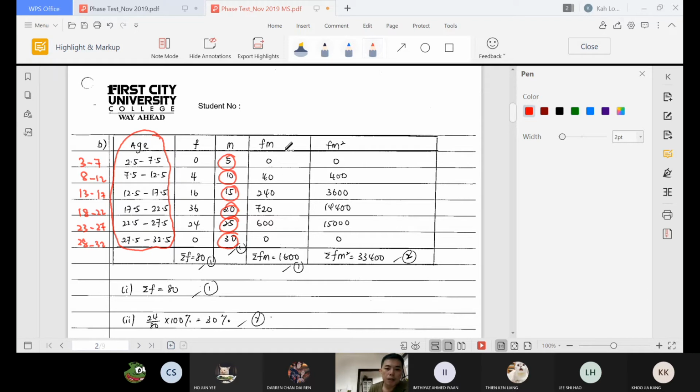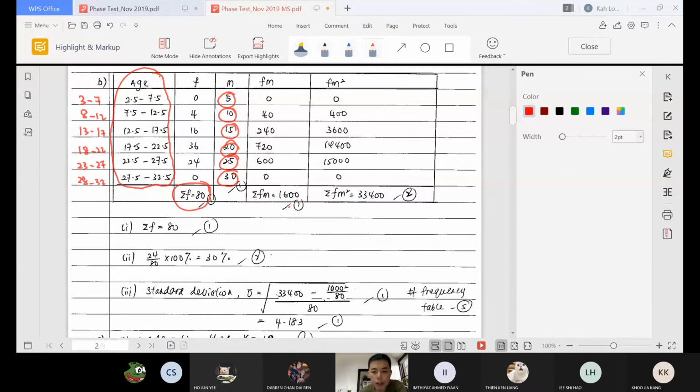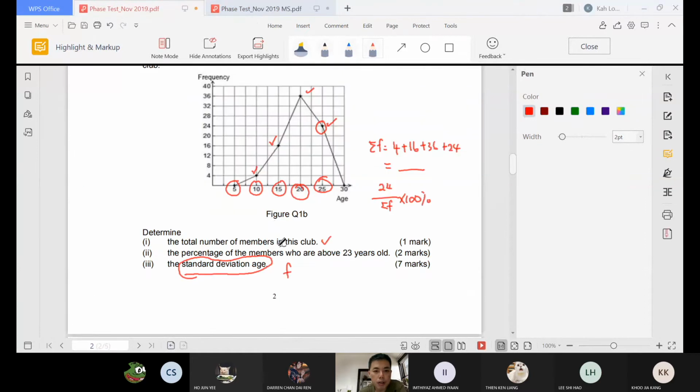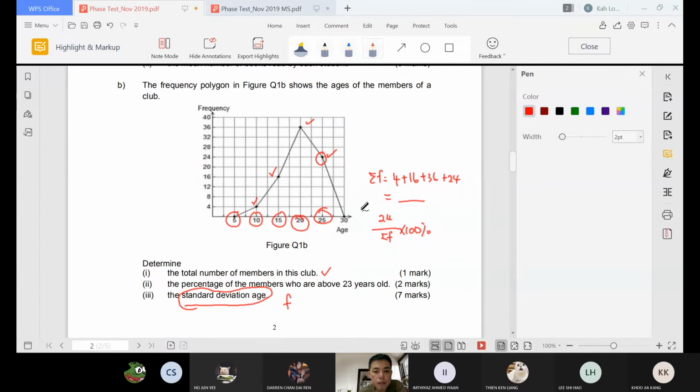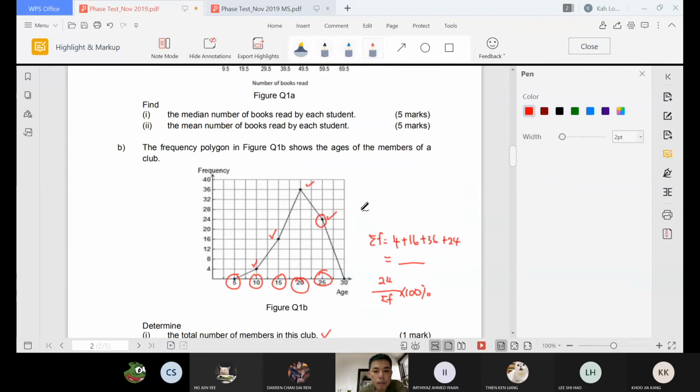Okay, so we have calculated sigma f is 80. And then why do we need the fm and fm square? Because we want to calculate the standard deviation. Again, go back to the question: whether this is a population or sample.